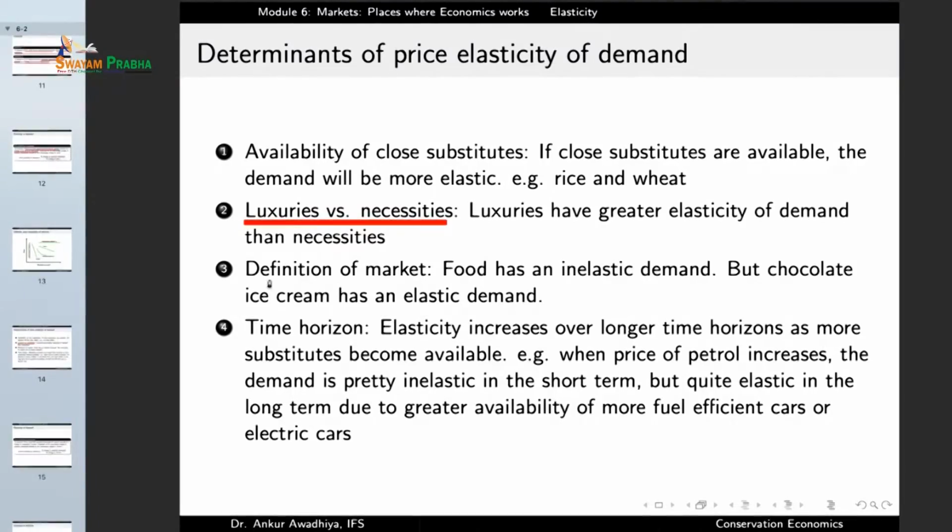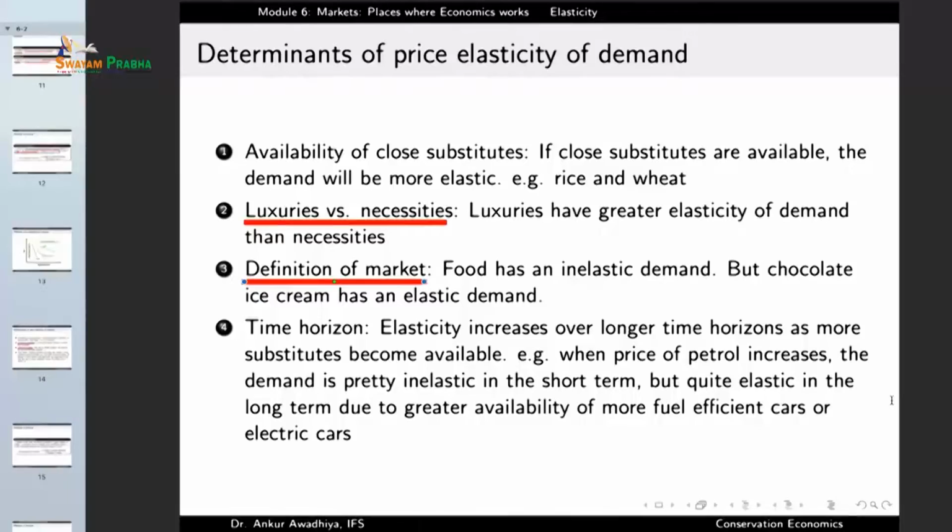Then it also depends on how you define the market. Food has an inelastic demand, because people need access to food whatever the price. Even if the price increases, people will have to eat roughly the same quantity of food, and so the demand for food is inelastic.